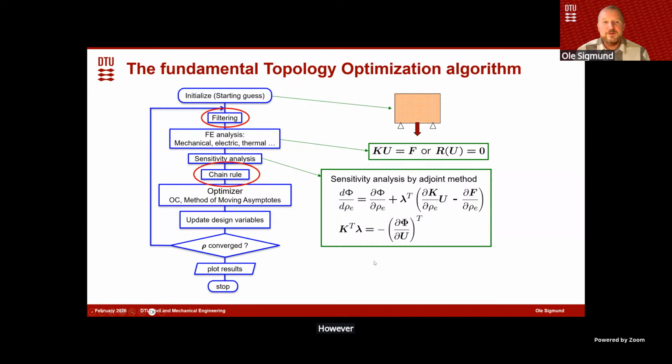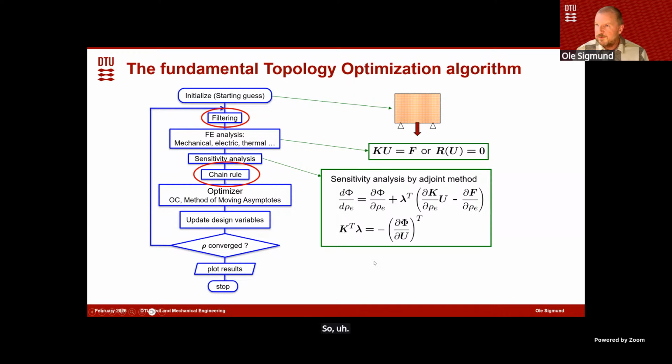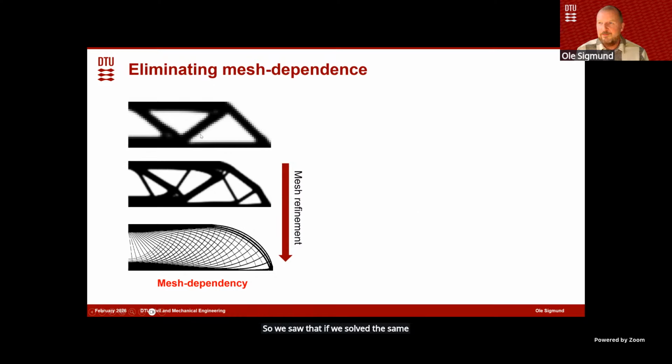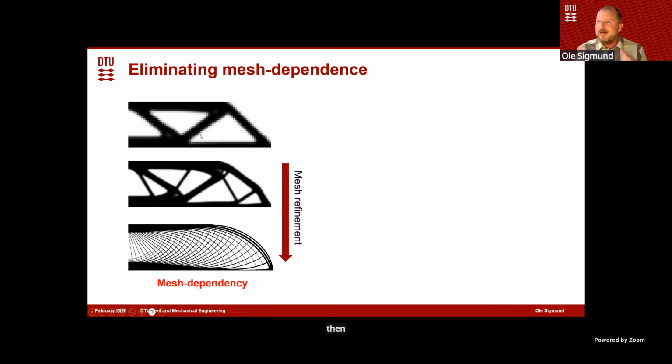However, in the first tutorial, I went very briefly over the filtering aspects, so with the filtering and this back filtering or back propagation part here. So this is actually the main thing of today. The main purpose of the filtering, at least back then, was to ensure a certain length scale or eliminate mesh dependence. We saw that if we solved the same problem on finer and finer meshes and didn't do anything to avoid mesh dependence, then we would get finer and finer solutions.